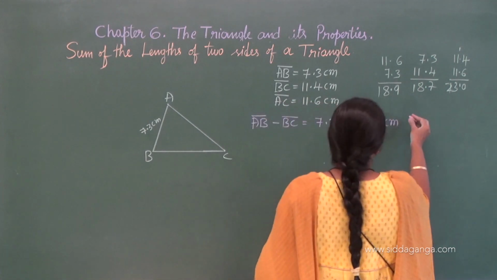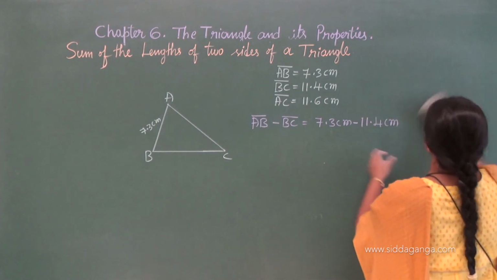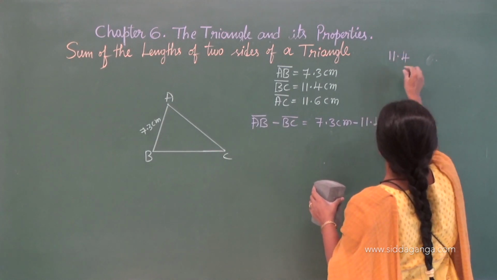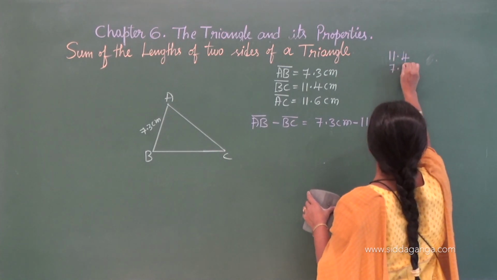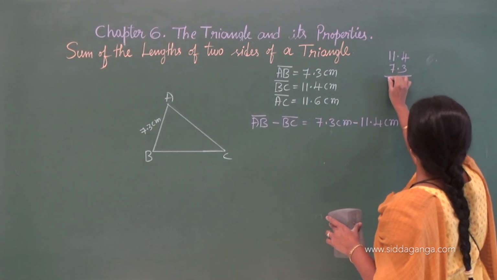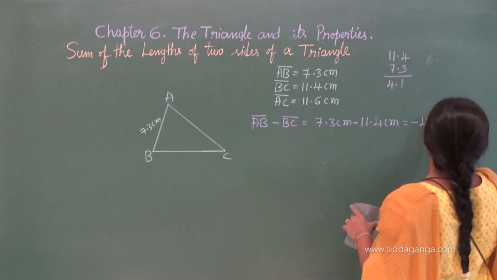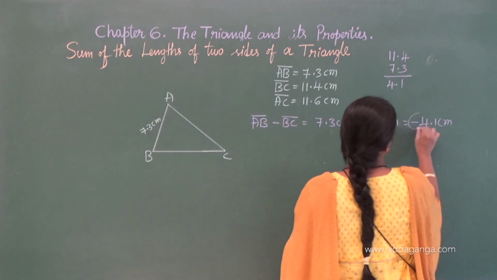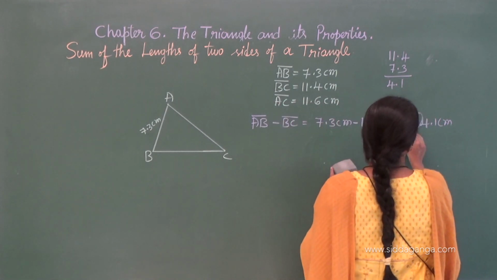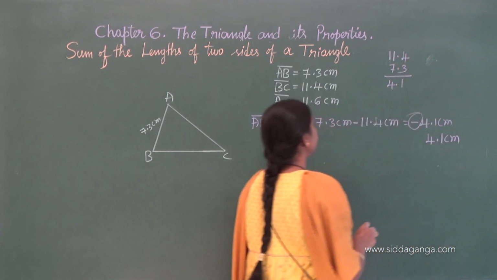Okay, 11.4 minus 7.3: 4 minus 3 is 1, 11 minus 7 is 4, so it is minus 4.1 centimeter. So by neglecting the negative sign, we can write it as 4.1 centimeter.